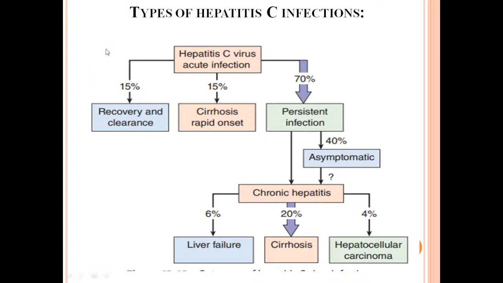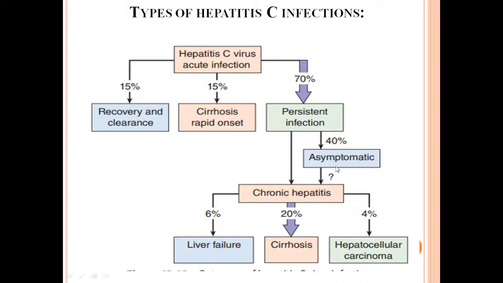So, there are some types of hepatitis C. I have started to talk about it. About 50% of patients recover after acute infection. About 15% have rapid development of cirrhosis, and about 70% of patients have persistent infection.